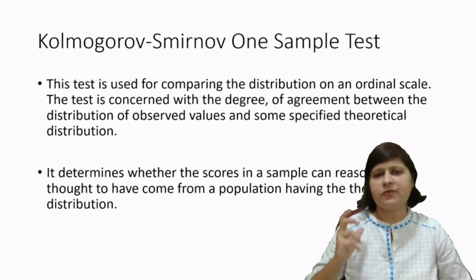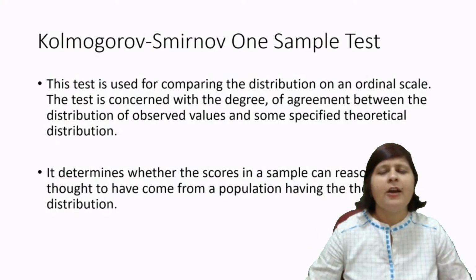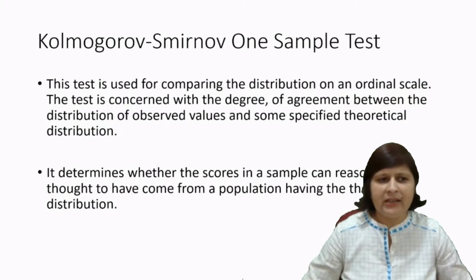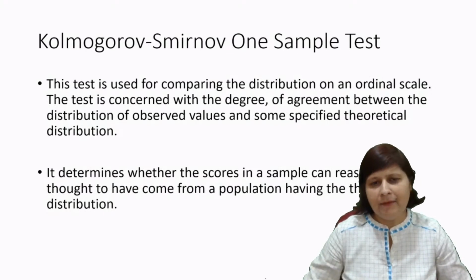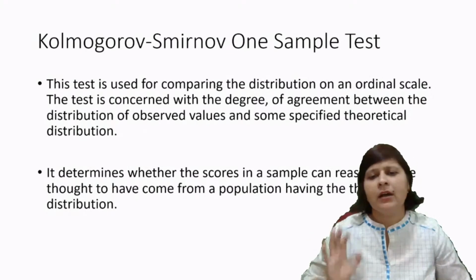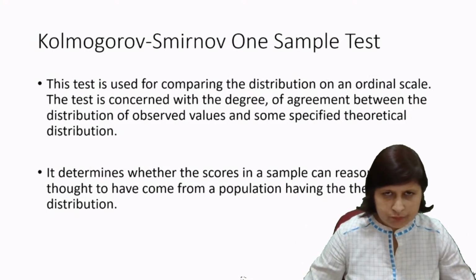What is this test for goodness of fit? We'll discuss this. Before that, we'll discuss another test, that is the KS one sample test, the Kolmogorov-Smirnov one sample test. It is also known as the KS test.